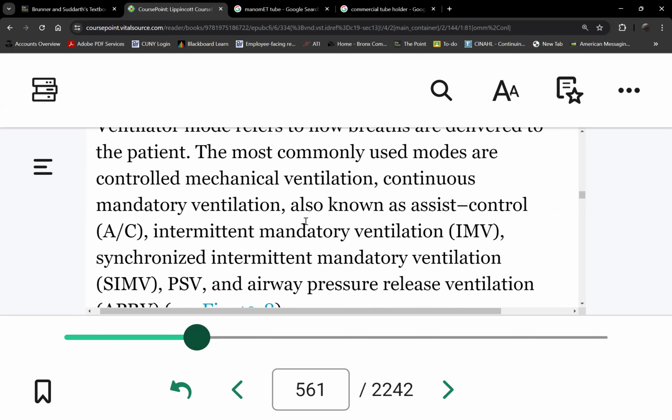So the vent will give him a specific tidal volume. Tidal volume is the amount of air he will get. It's usually calculated by 6 to 8 mLs per kilogram. So he'll get, let's say, 400 mL 12 times a minute. That's it. He can't do anything.